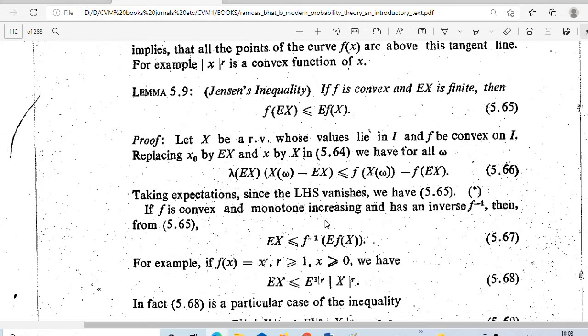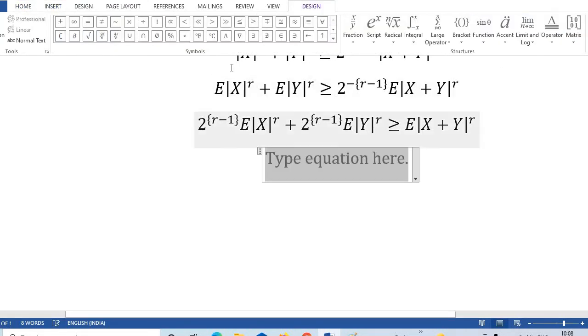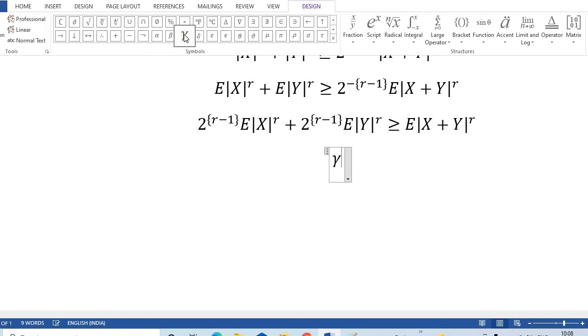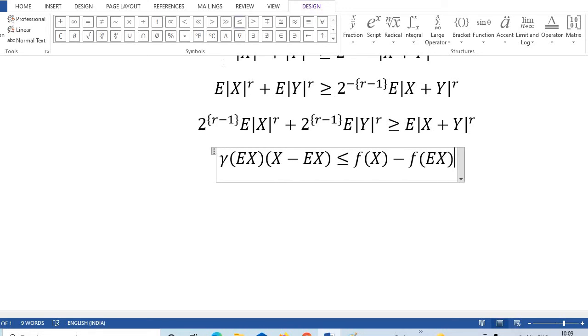I will write that equation: lambda of expectation of x into x minus expectation of x less than or equal to f of x minus f of expectation of x. So you can take the expectation on both sides.